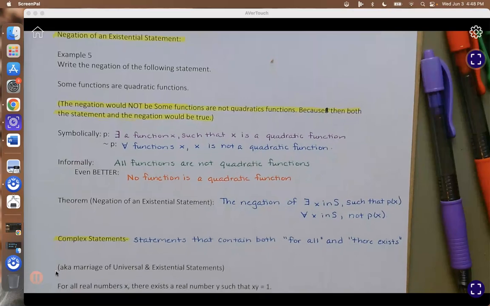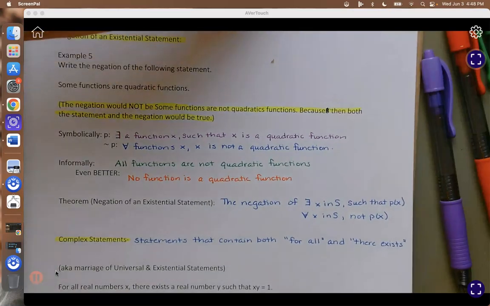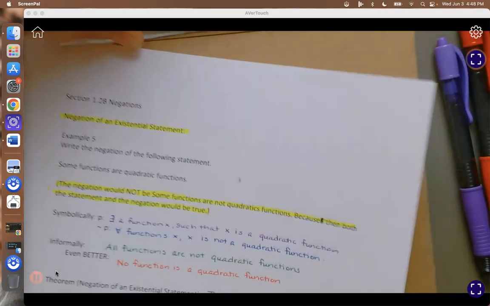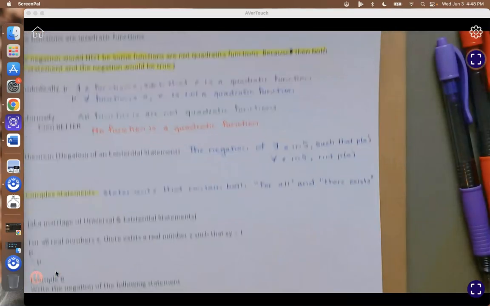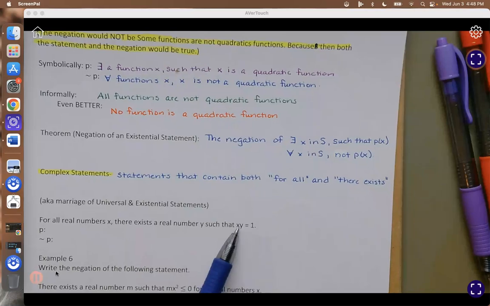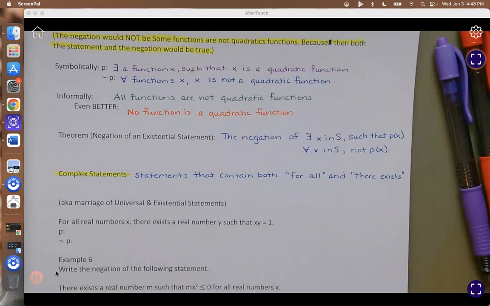So it's like a marriage between universal and existential. So you would see something like this. For all real numbers x, there exists a real number y. So it's when you usually have two values such that xy equals 1.